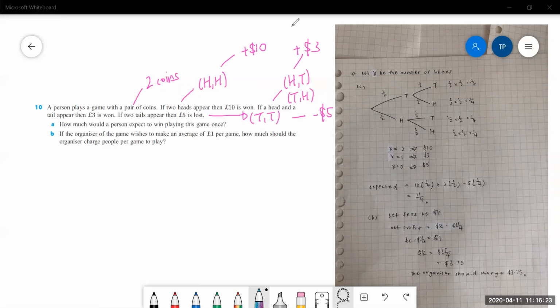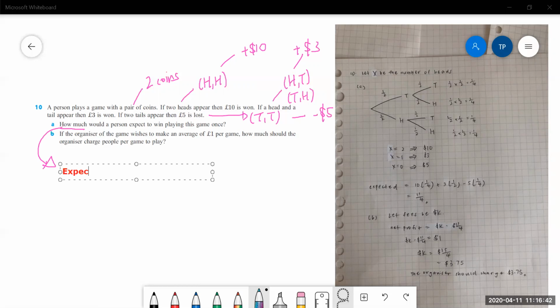How much? Okay, they're asking for how much. Means we are looking at the what? The expected what? Okay, sorry. Let me write this out.